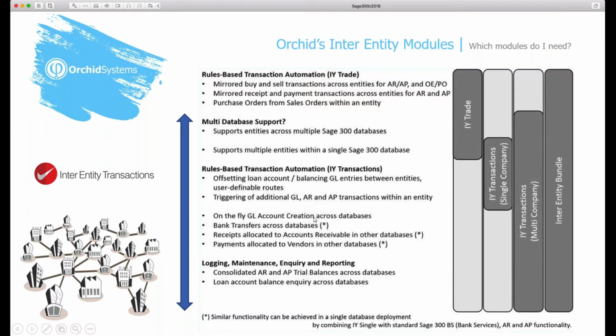So a key thing here is that you are processing the entries in the actual entities involved. And you do only need to load InterEntity transactions in source companies. So the companies, or entities, databases which are creating these entries, you don't need to have InterEntity transactions loaded in the target entities.